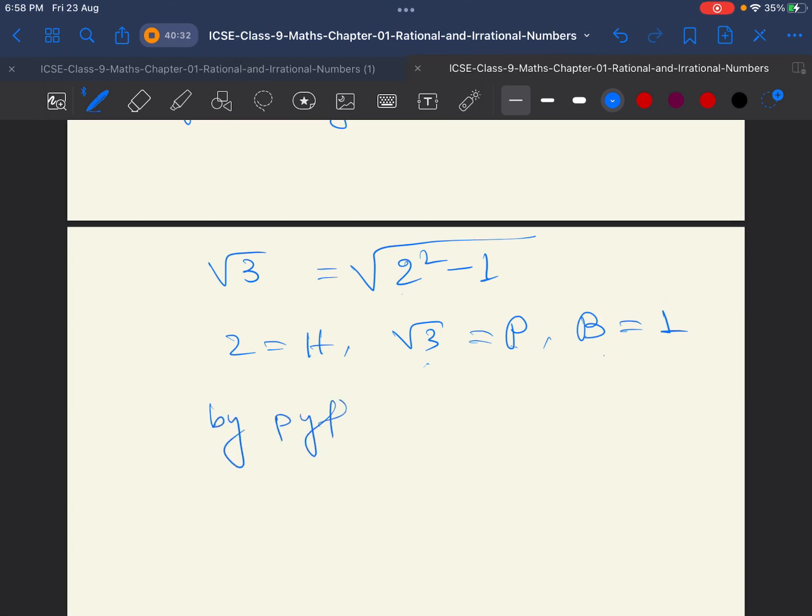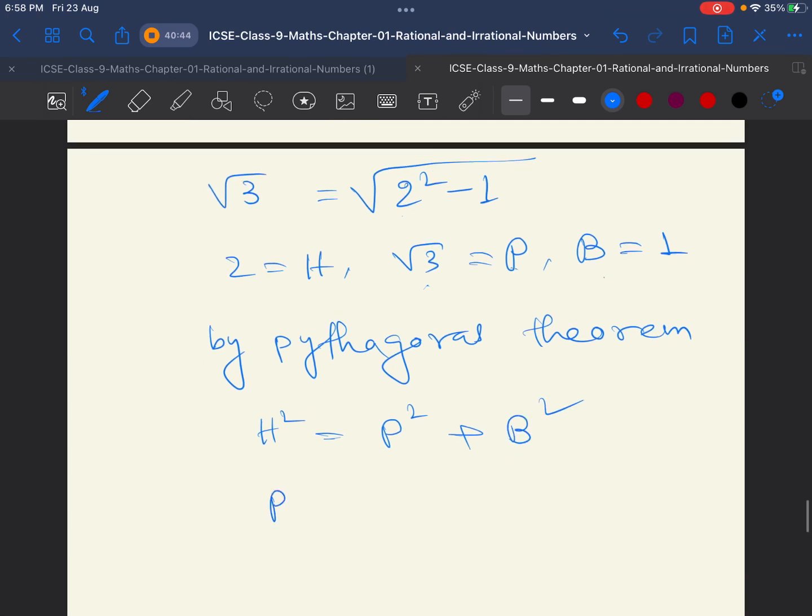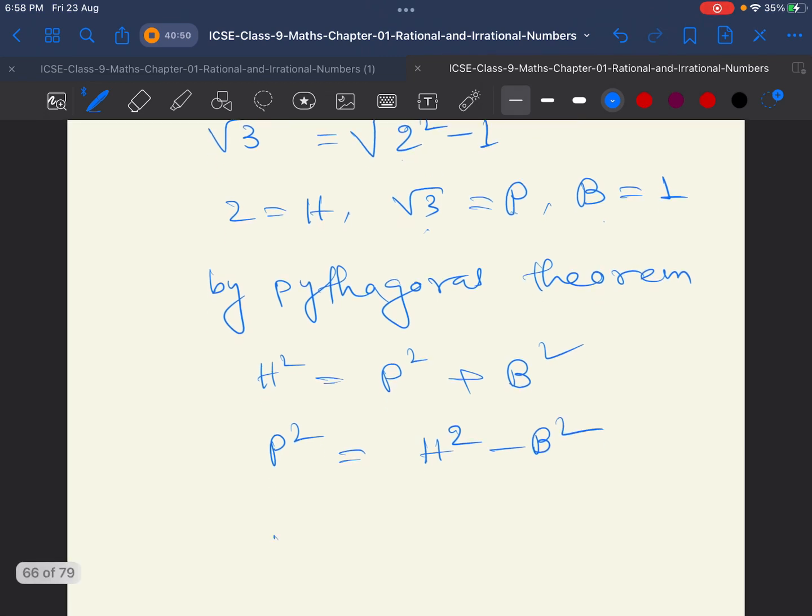So now by the Pythagoras theorem, perpendicular square equals hypotenuse square minus base square.